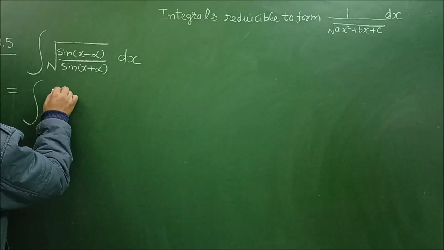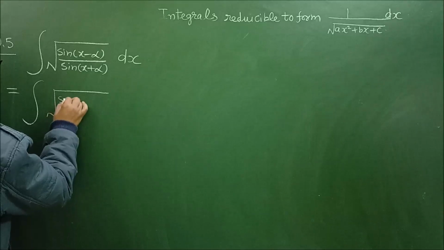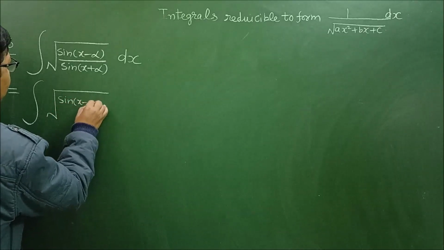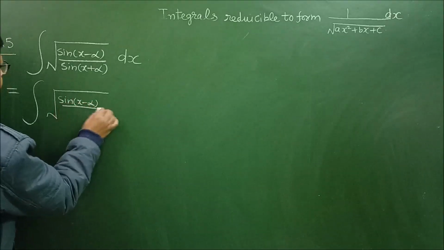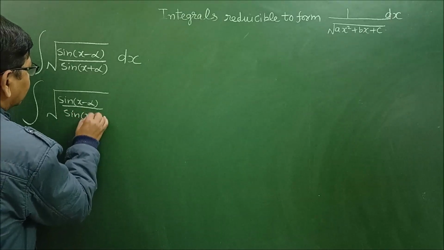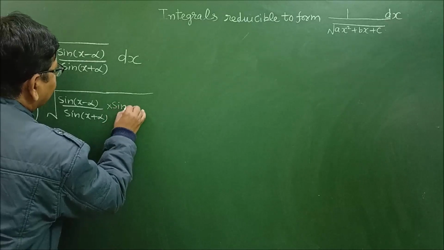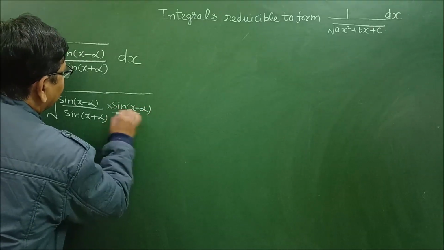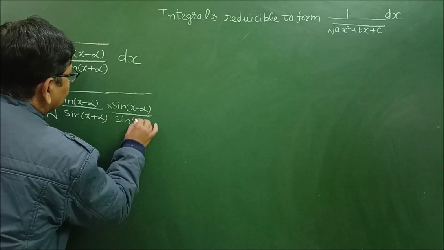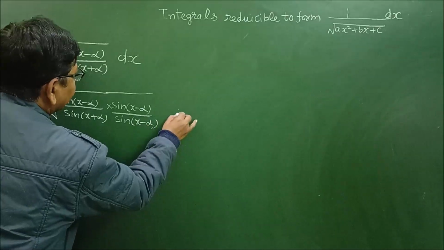the numerator, sin(x − α) upon sin(x + α), multiplying by sin(x − α) and dividing by sin(x − α) dx.